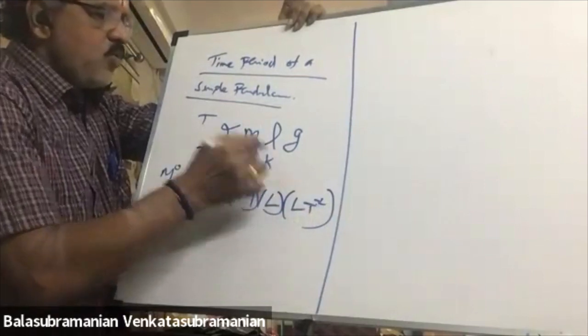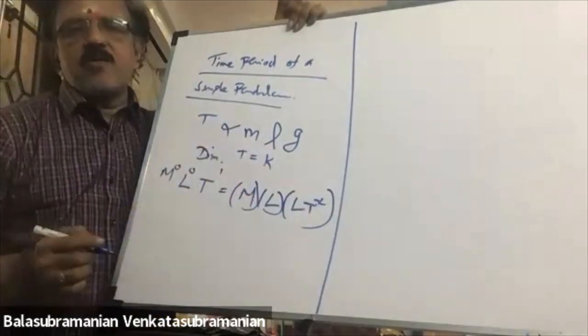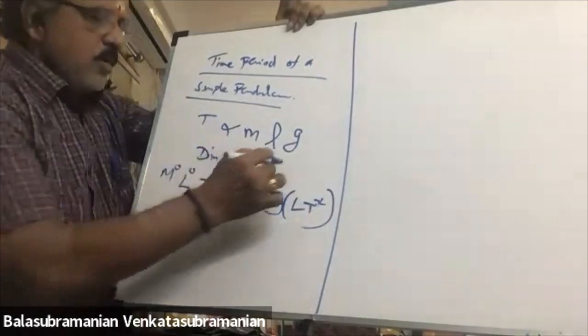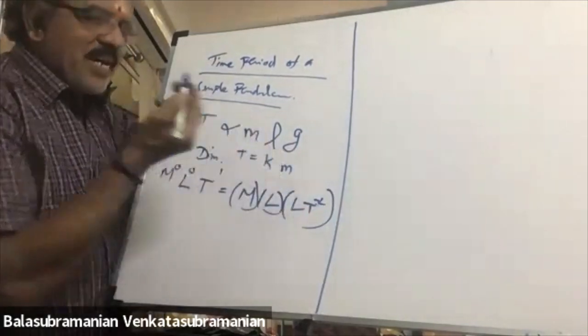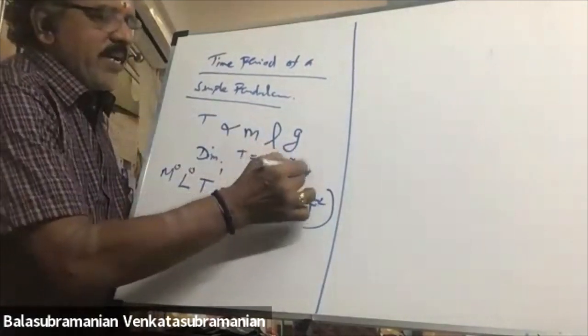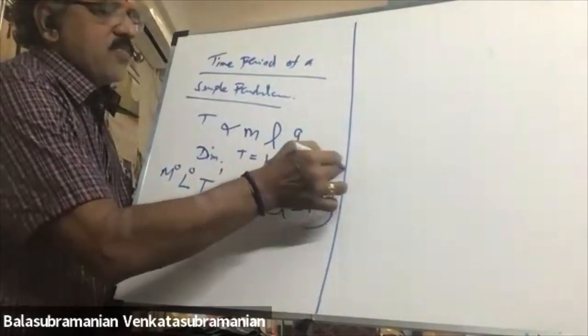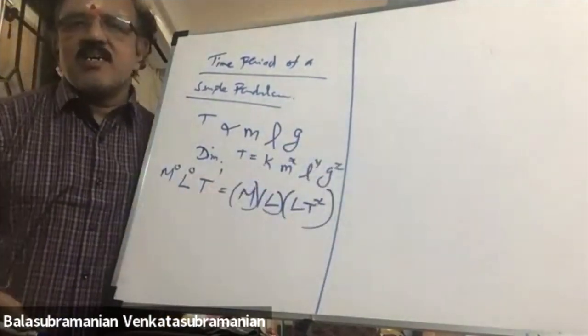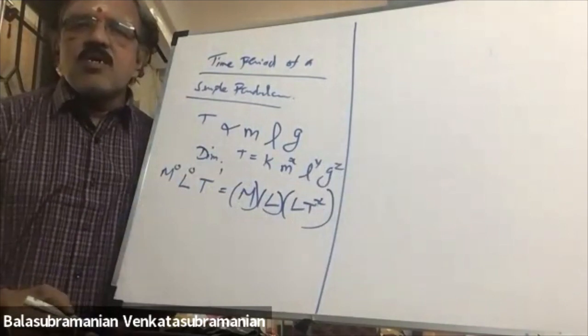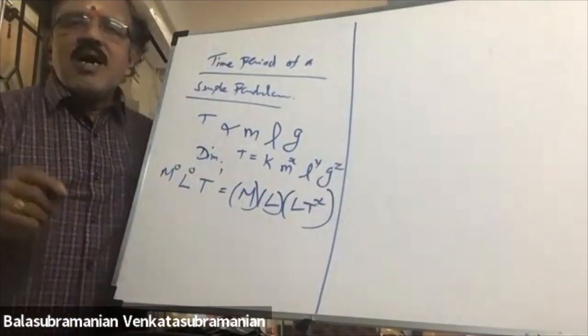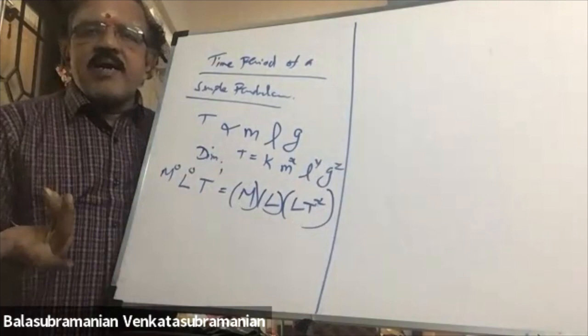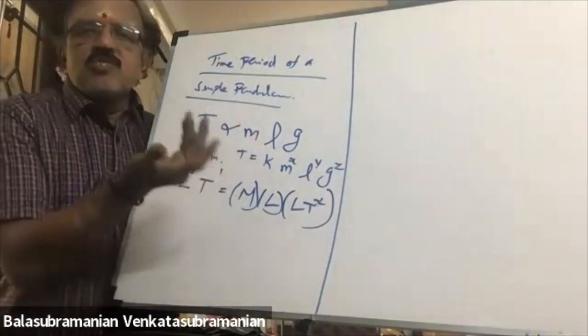T is equal to proportionality constant K. M is there or not, I don't know. So put power X, power Y, power Z. Why I have to put X, Y, Z, sir? Sir, T is equal to M power 0 or M power 1, M square, L power minus 2, G power 4.